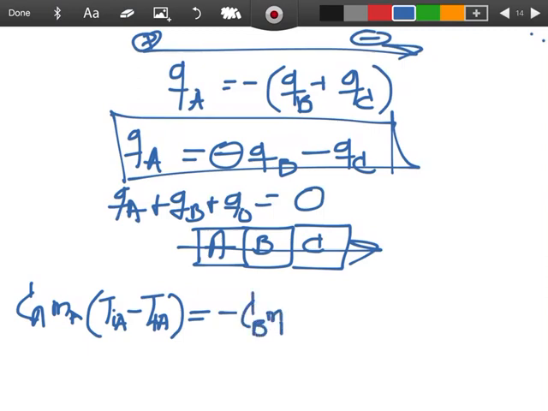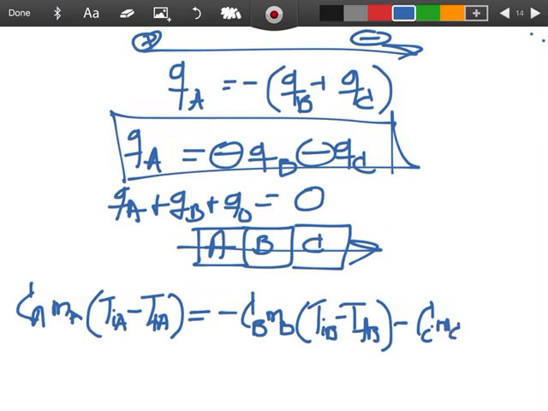CB, MB times initial temperature of B minus final temperature of B, minus, because I have this minus, C of C, M of C, and multiply this by the initial temperature of C minus the final temperature of C also.